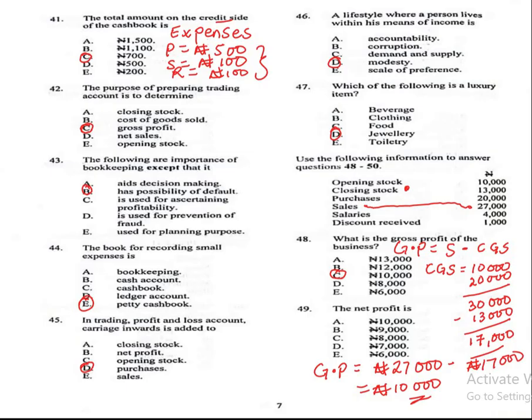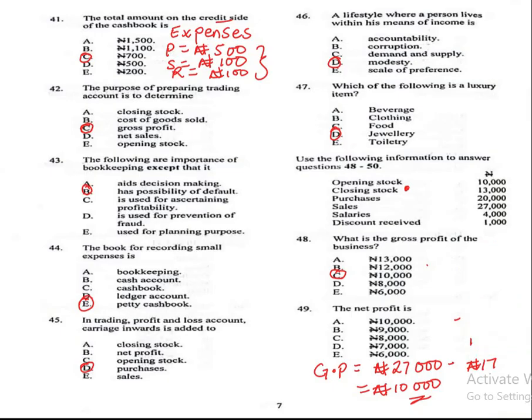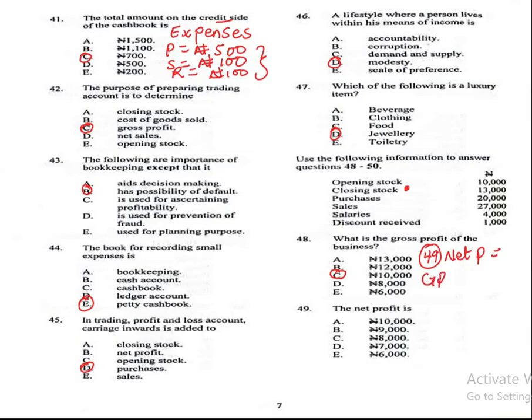Question 49 says, what is the net profit? Okay, so I'm going to clean this so I can create space for the calculation. Net profit uses this formula: gross profit plus discount received, minus expenses.